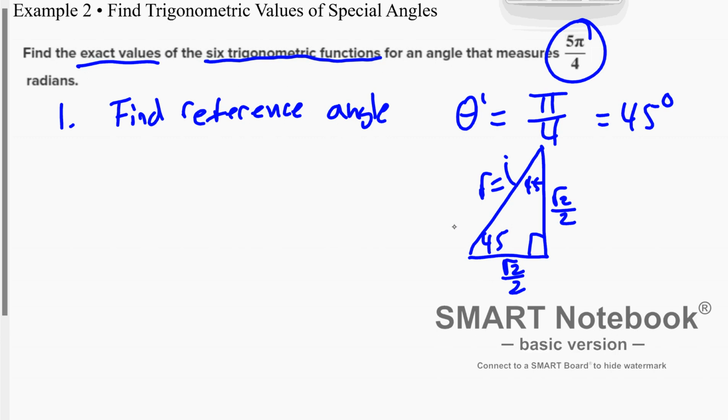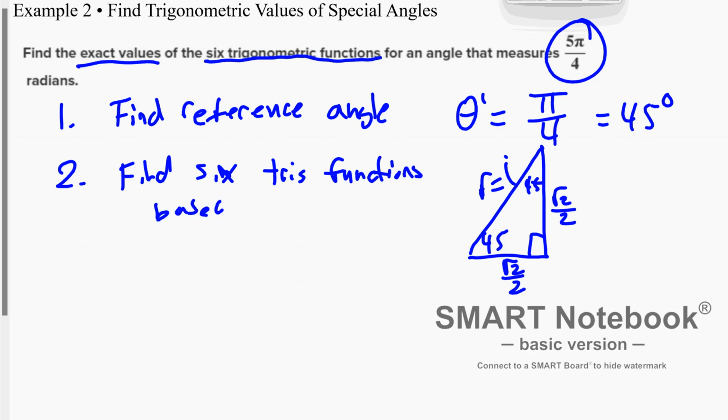Now what we want to do is just find the 6 trig functions based on our angle.